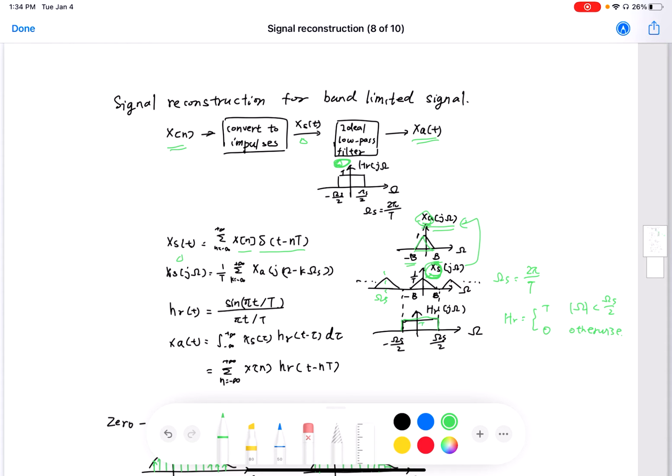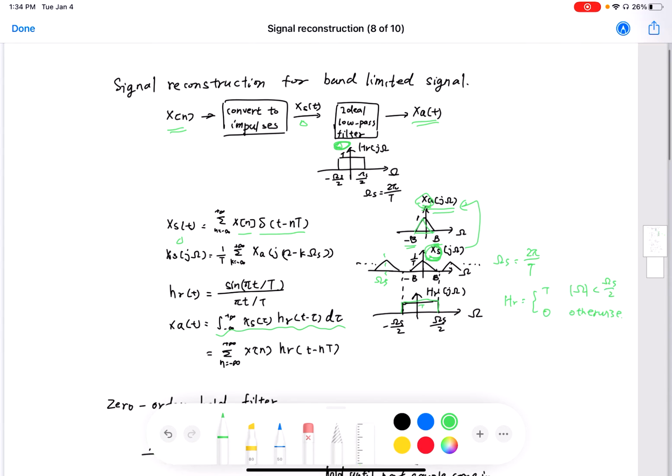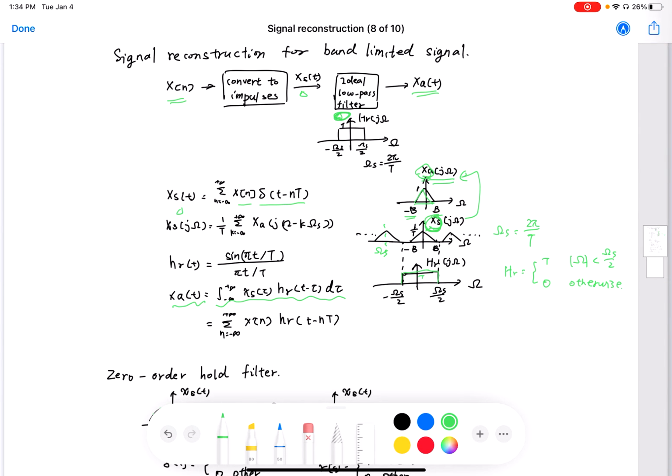Because multiplication in frequency domain is equivalent to convolution in time domain, the xa in time domain is equal to the convolution of xs in time domain and h in time domain.